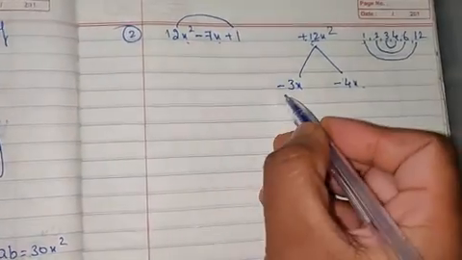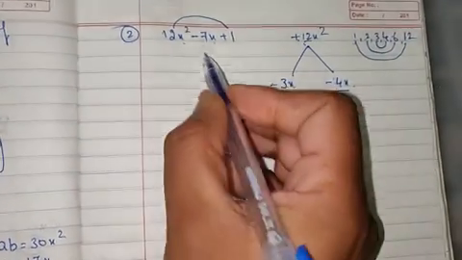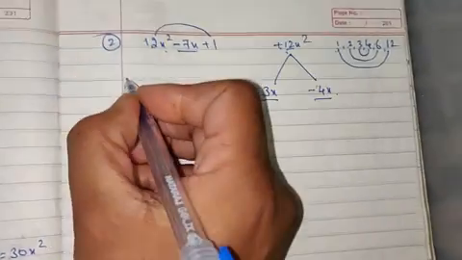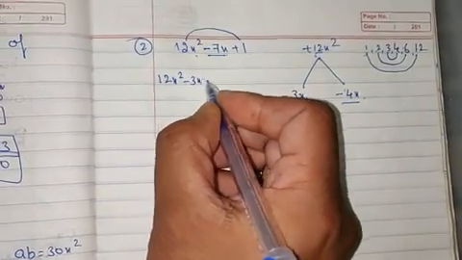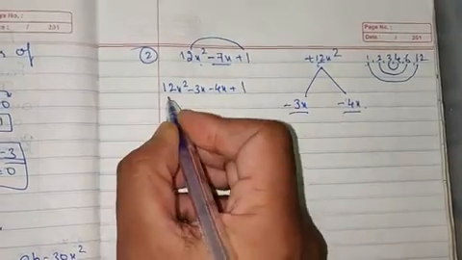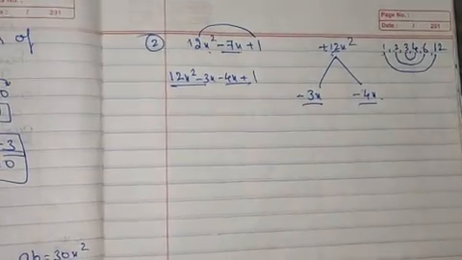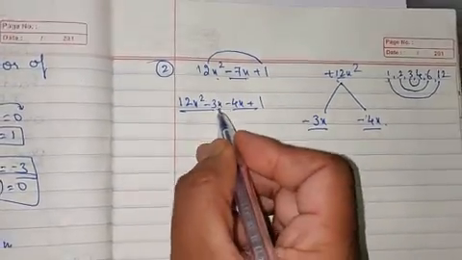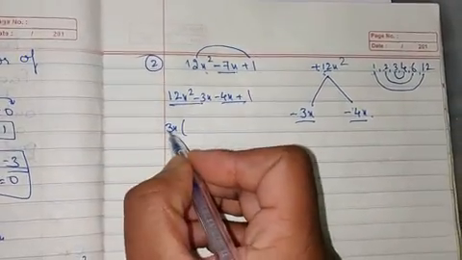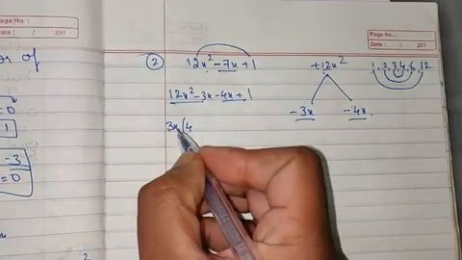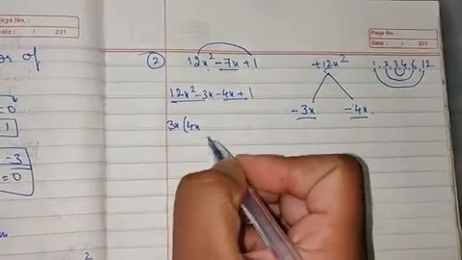Let us write these two terms instead of minus 7x. So it becomes 12x square minus 3x minus 4x plus 1. Again underline the first two terms and the next two terms. Common is 3x. If we take out 3x, 3 fours are 12, x into x, x square.